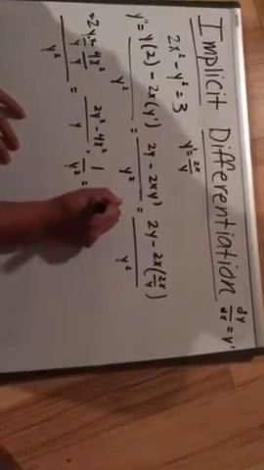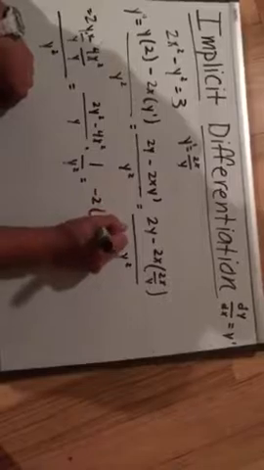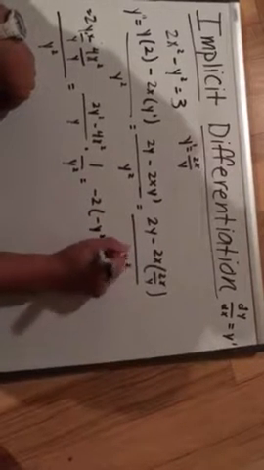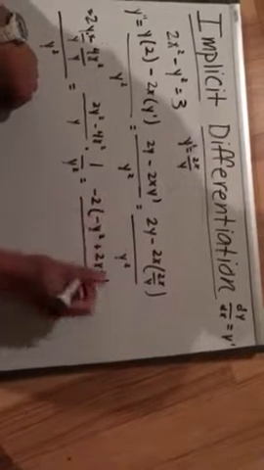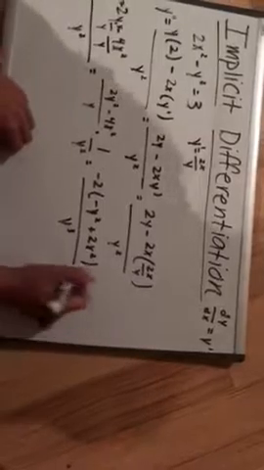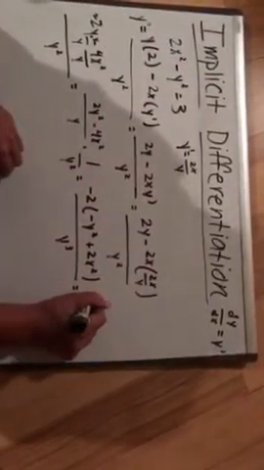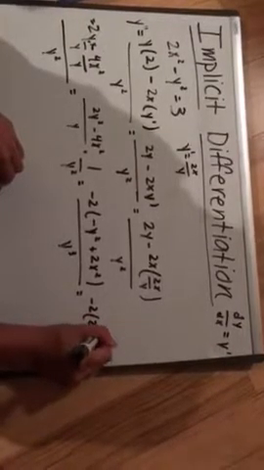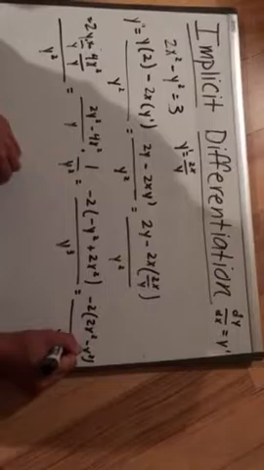If we factor out a negative 2, you get negative y squared plus 2x squared all over, multiply the denominators together, you get y cubed. So to rewrite this to make it look like the original equation, you have negative 2 times 2x squared minus y squared all over y cubed.